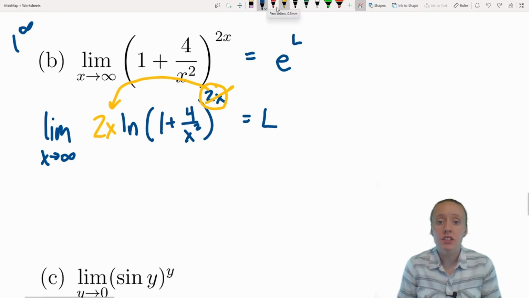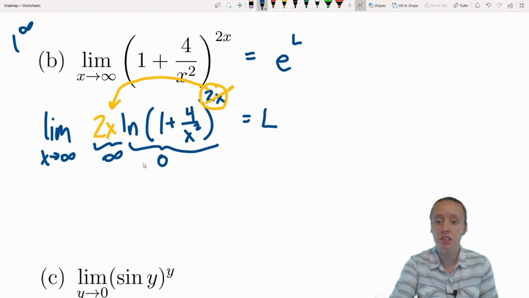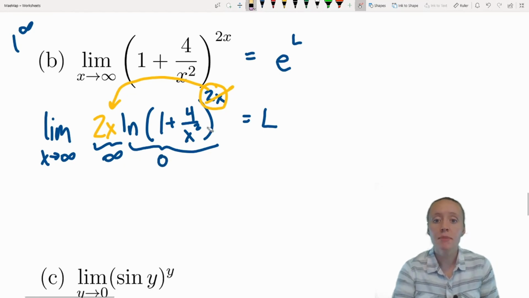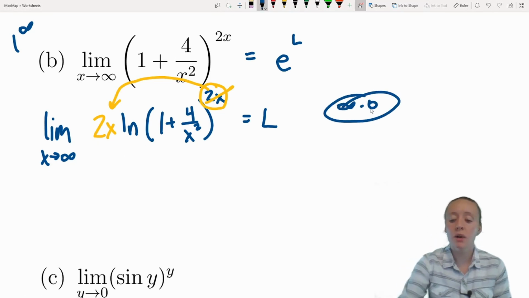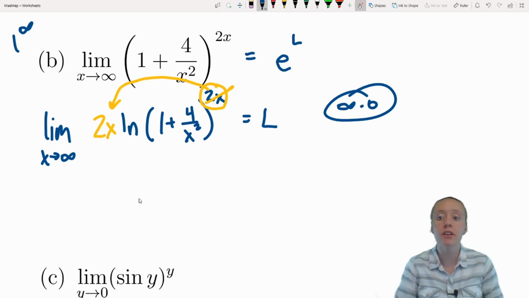If I'm taking the limit as x approaches infinity, 2x approaches infinity, and remember, inside of those parentheses is approaching 1. The ln of 1 approaches 0. So currently, I'm in the form of infinity times 0, or 0 times infinity. When I'm in this form, all I have to do is move one of those functions into my denominator as its reciprocal. That way I don't change the value.